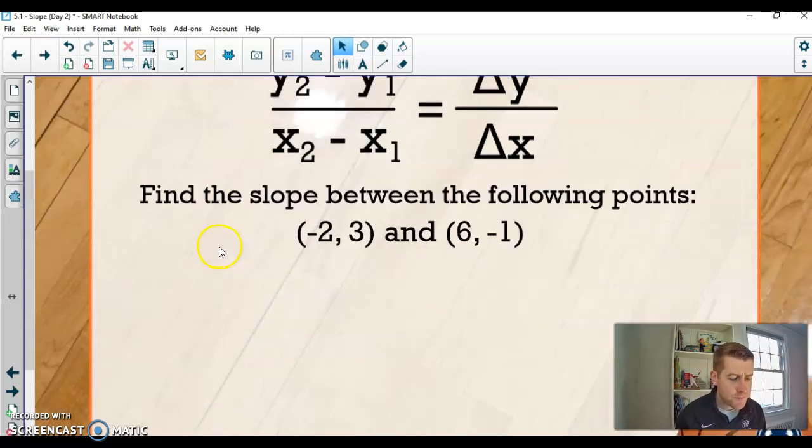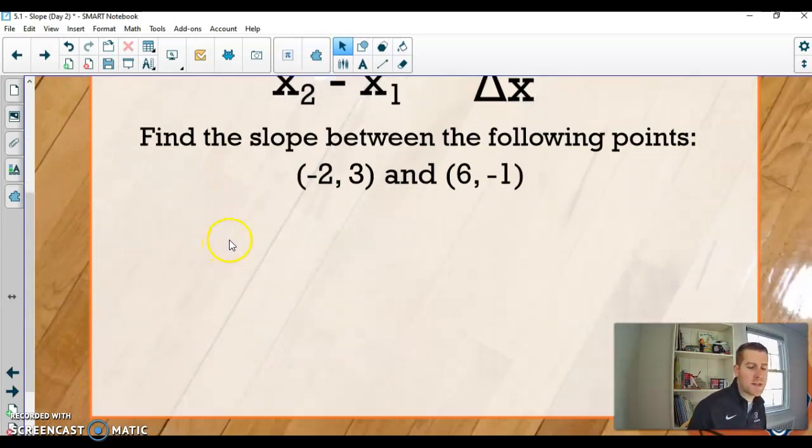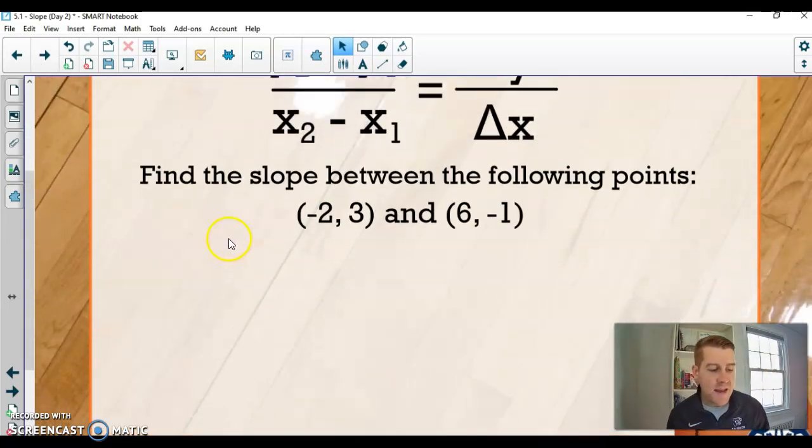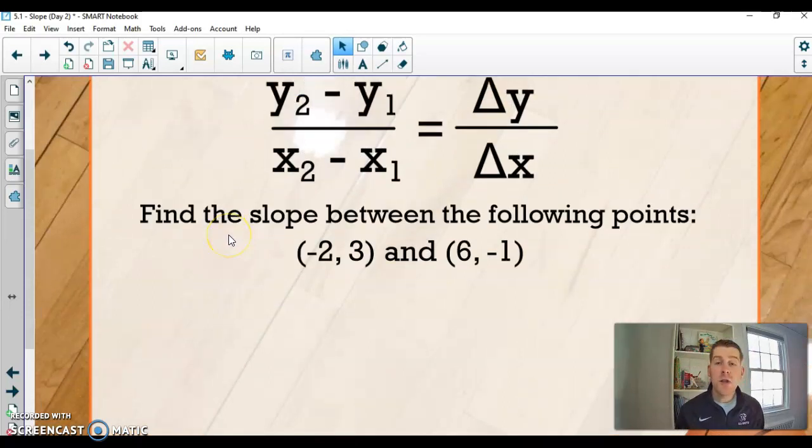So here's an example. It says find the slope between the following points, (-2, 3) and (6, -1). If you use the slope formula exactly, what y2 means is the y value of the second point, and y1 means the y value of the first point. So you think about your 2 points. Over here, (6, -1) is our second point, so the y value of that would be -1.